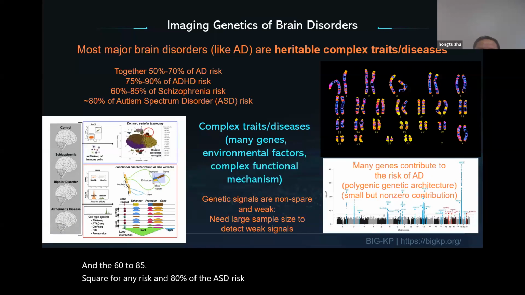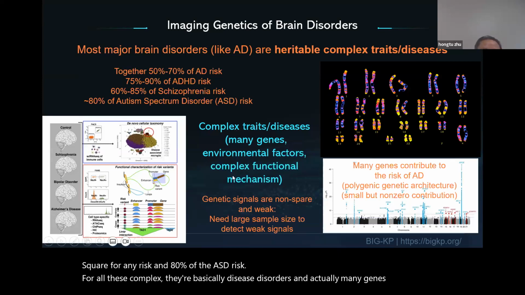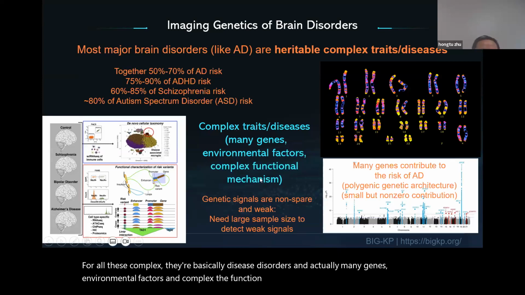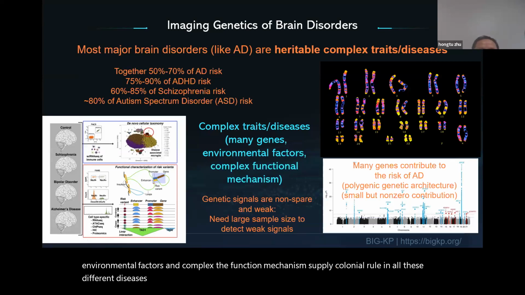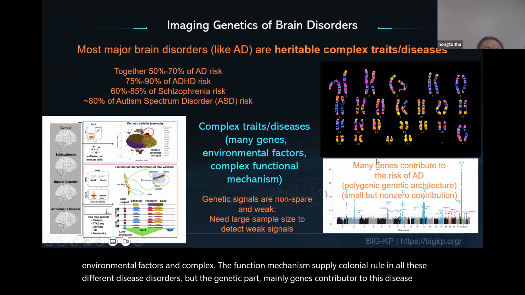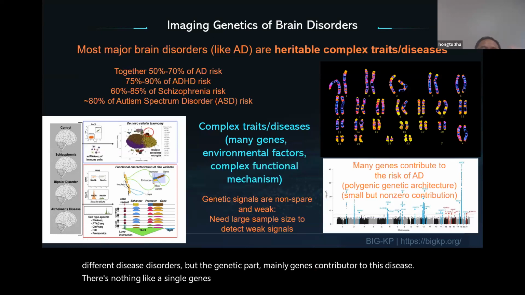For all these complex disorders, many genes, environmental factors, and complex functional mechanisms play a critical role. But on the genetic side, many genes contribute to the disease. It's not a single gene or a few genes.